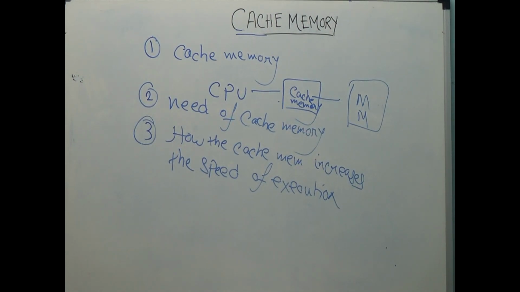The answer is cache memory stores the segment of the program or data that are being executed by the CPU presently or frequently. So, by making program and that data available at rapid rate, it is possible to increase the performance rate of the computer. So, that is the basic reason why the cache memory is used in the system, and it is shown here how the cache memory increases the speed of execution.